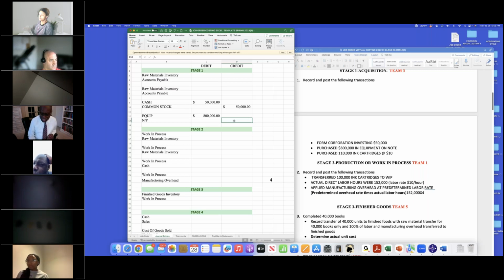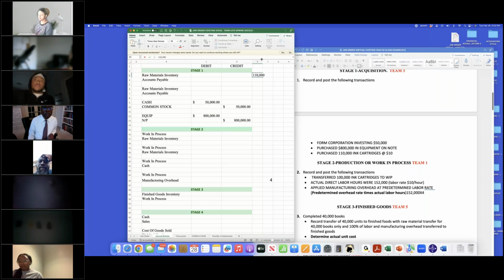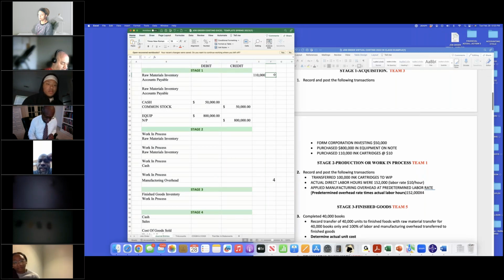So we bought 110 thousand ink cartridges, and the price was $10. We just multiplied that out, and we got 1,100,000. Correct. Notice we're crediting accounts payable. When we buy inventory, we always credit accounts payable.